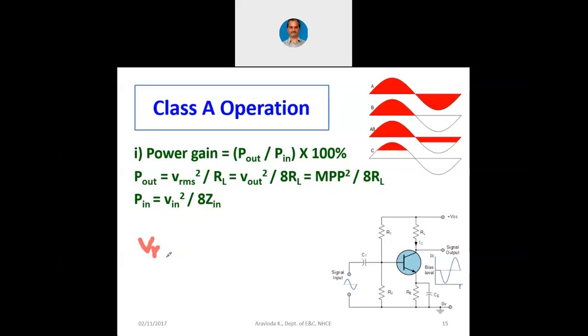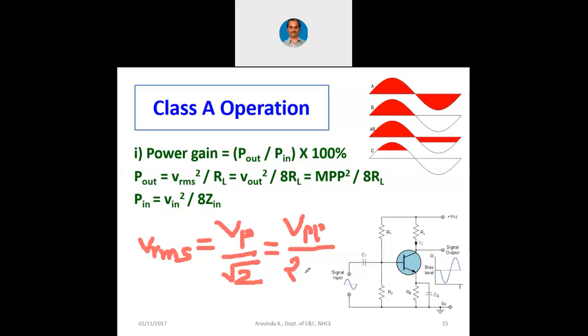V RMS is equal to peak voltage by root 2, right? Or peak to peak voltage divided by 2 root 2. This formula you already know.